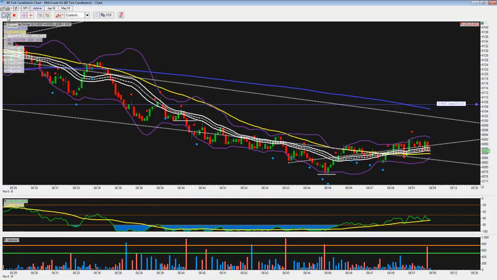Interesting little thing I just noticed right now. 1, 2, 3, 4, 5. So they're trying to form a bottom right there. Doesn't mean they will. They're trying though.